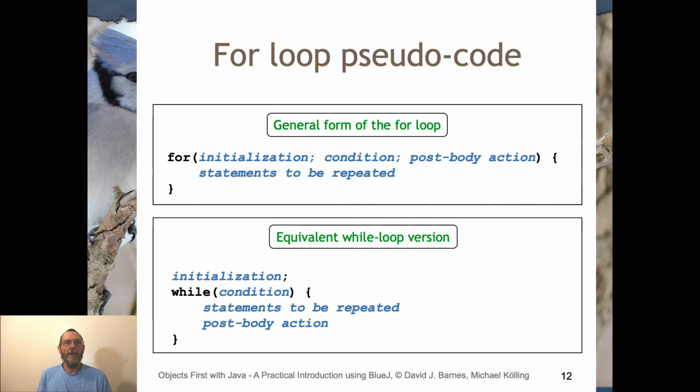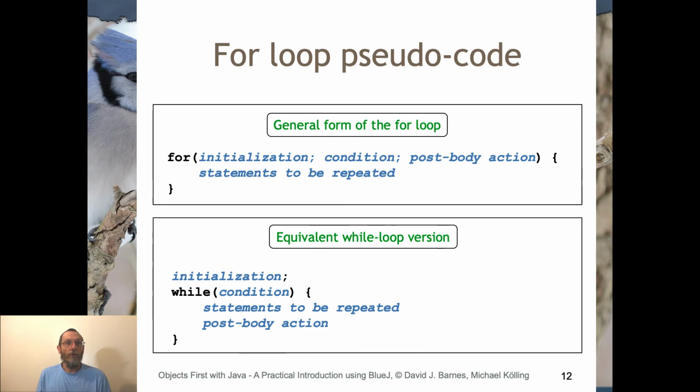We immediately go into the body of the loop and execute the statements inside there for the first time. Once those statements have been executed, it's at that point that we then evaluate the post body action. And only after that's been evaluated do we then go back to the condition in order to evaluate it for the second time. And once again, if that condition evaluates to true, we'll repeat the process of executing the body of the loop and then the post body action and then evaluating the condition again.